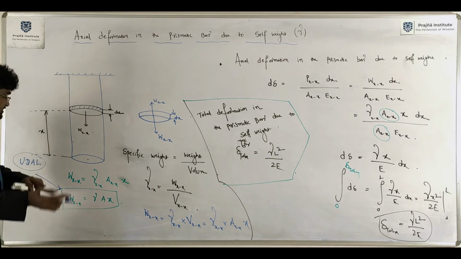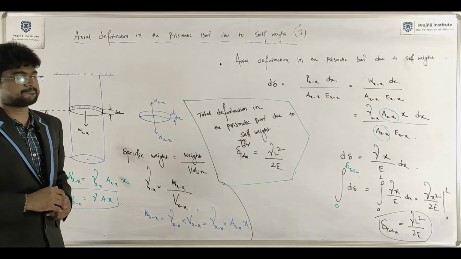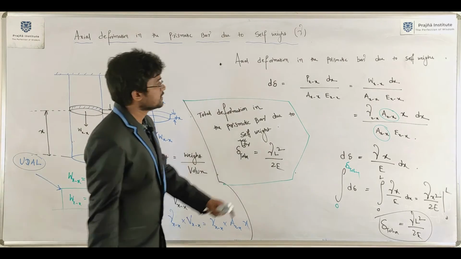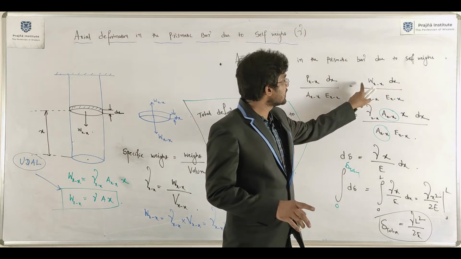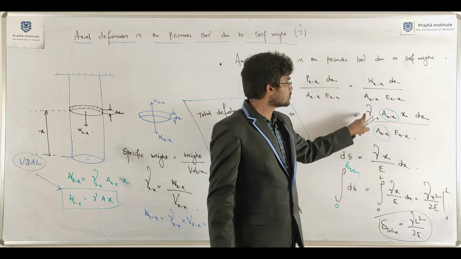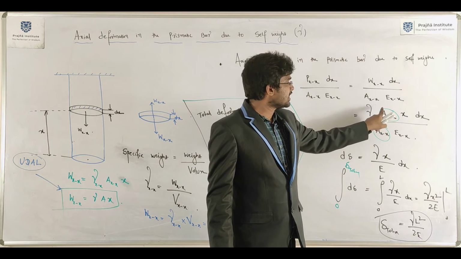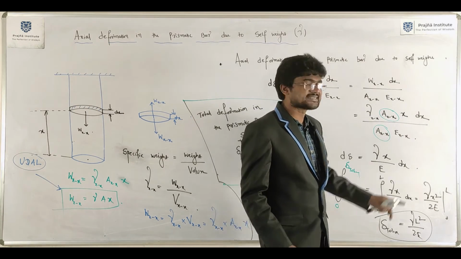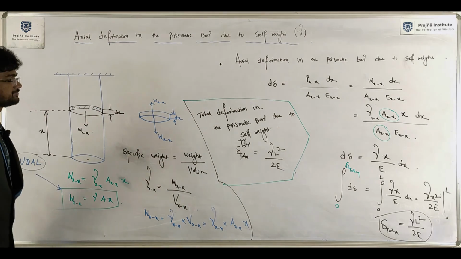Once you draw the axial loading diagram for this, you will get a linear variation. First write down up to here. Understood? Here Px is nothing but weight Wx. You can replace Wx with gamma x, Ax, x. So gamma x is the specific weight of the material at cross section x, and Ax is the area of cross section at x. These two cancel out. Finally we'll get it. That's it.